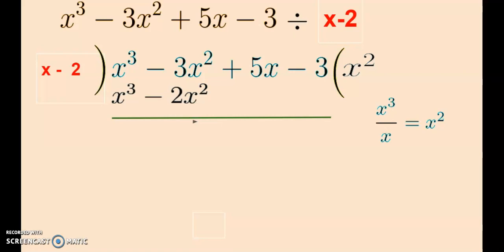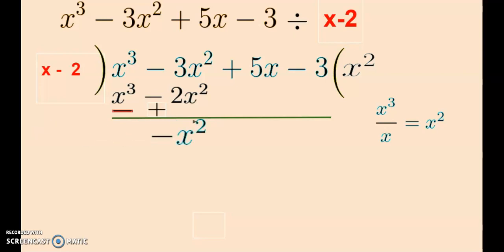And for subtracting a polynomial from another one, you just change the sign. So plus x cube will be converted to minus x cube, and minus 2x square will be taken as plus 2x square. So x cube minus x cube gets cancelled, and minus 3x square plus 2x square, minus 3 plus 2, yes, very good, is minus x square.